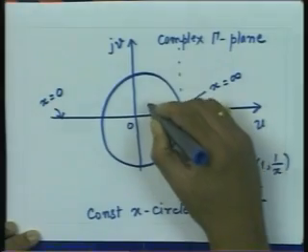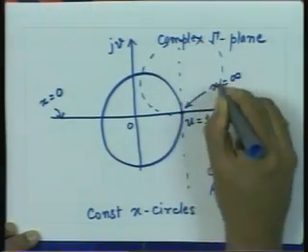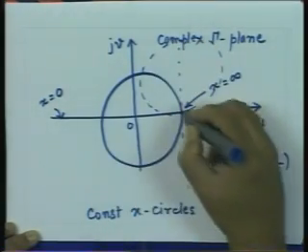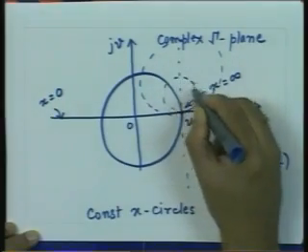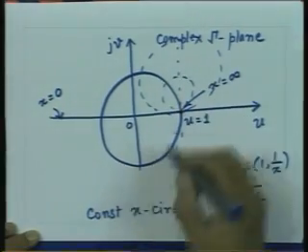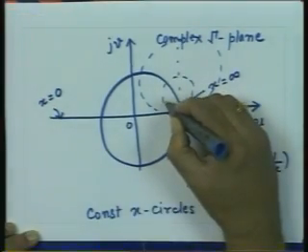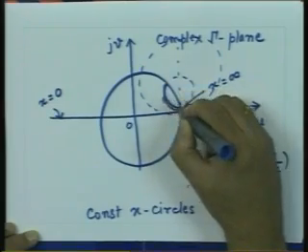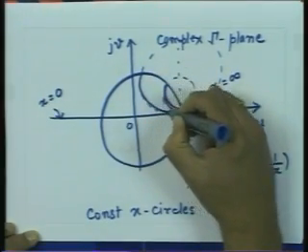So, if I draw these now, the circles will essentially look like that. These are the constant reactance circles, they become smaller and smaller like this. So, only this portion of the curve is meaningful to us, like that.